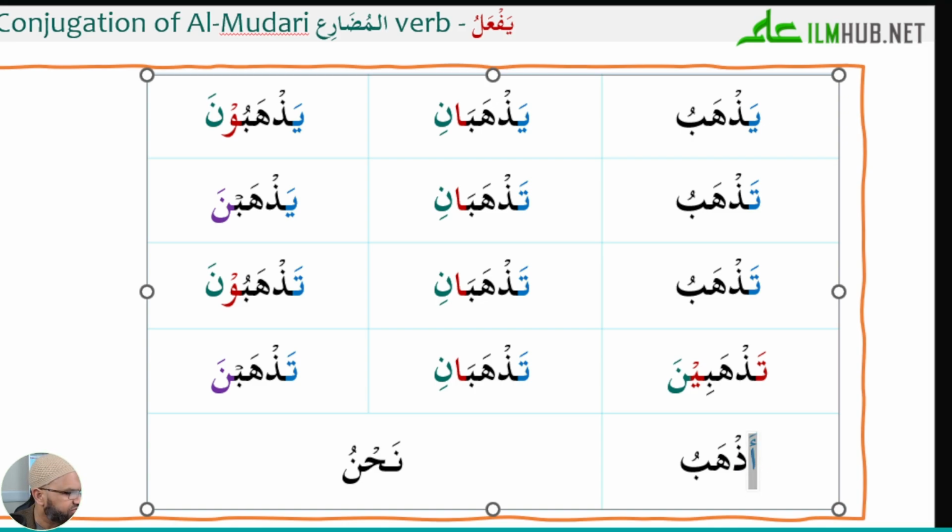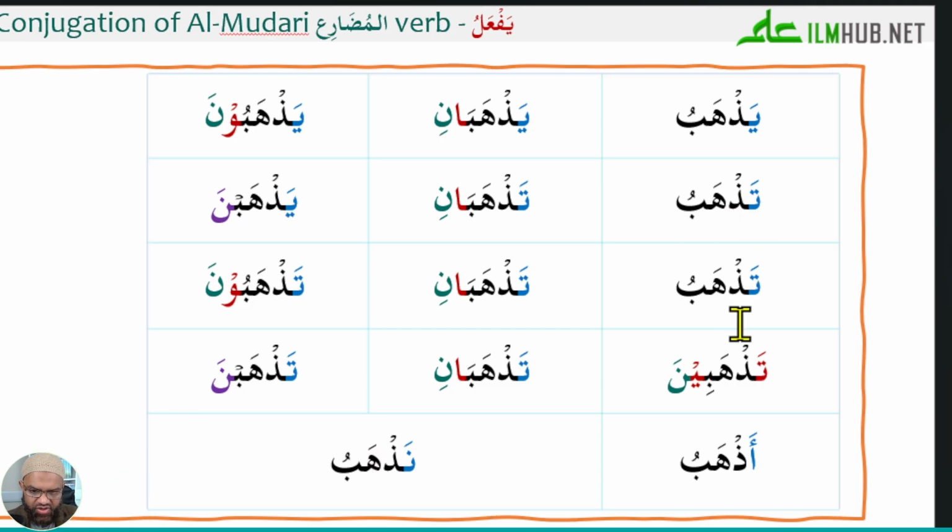So the hamza represents the doer here. Of course, it looks like an alif because it's sitting on it. The hamza at the beginning of a word is always written on or below an alif. The nahnu version will be exactly the same, except the ya is changed to a na. Nadhhabu.